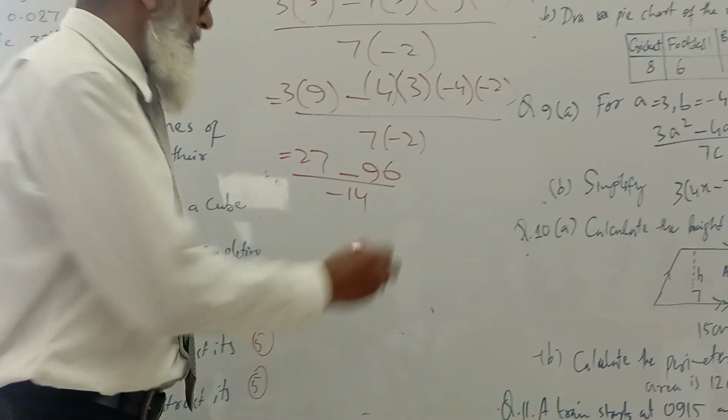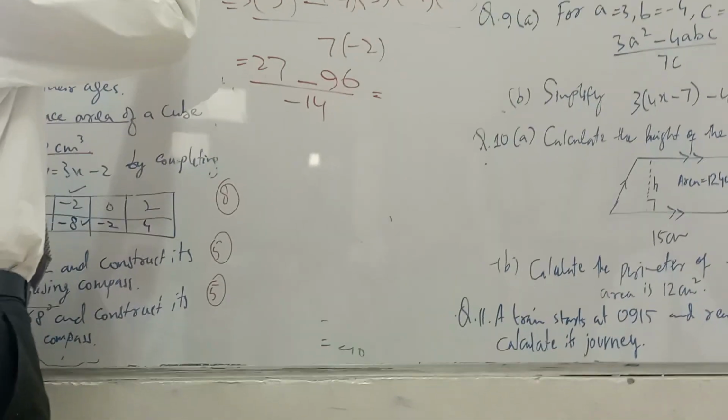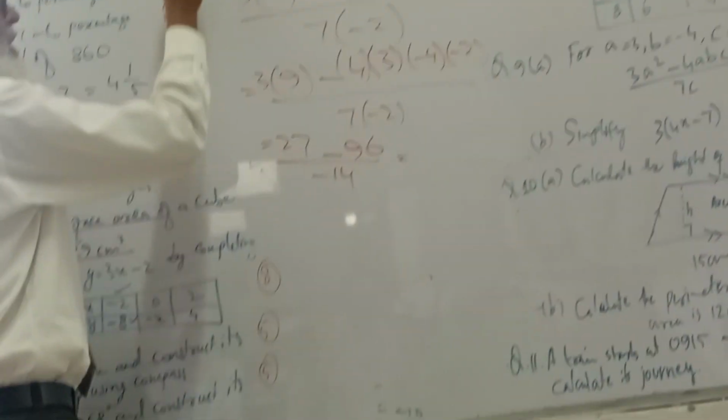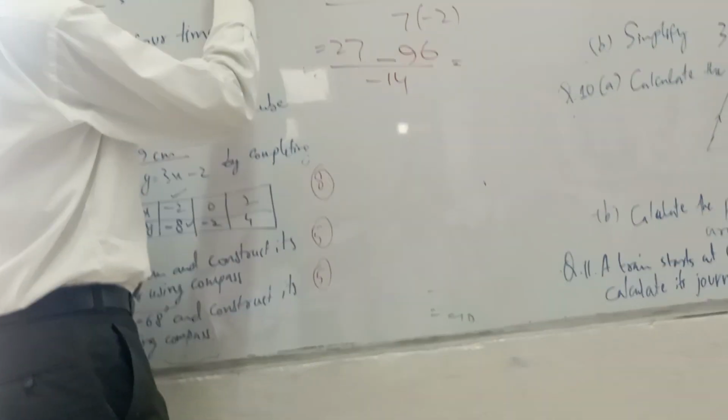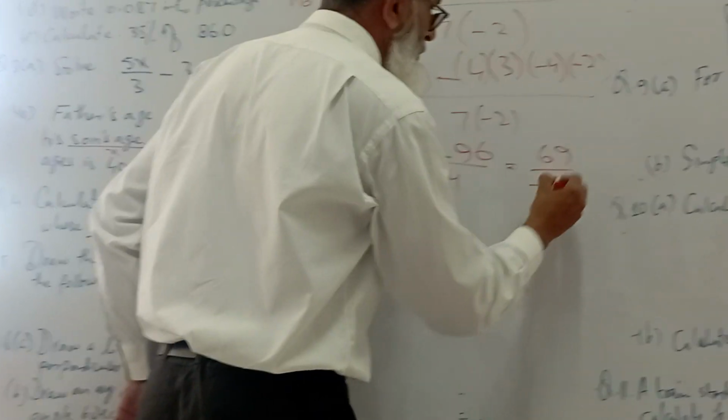Clear? Now we solve this: different signs means subtracting. 96 minus 27 is 69. So there's 69 over minus 14.